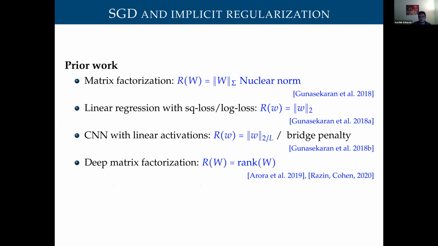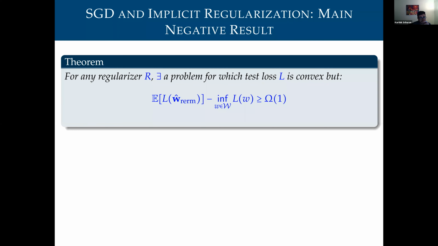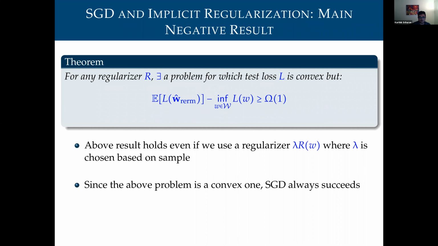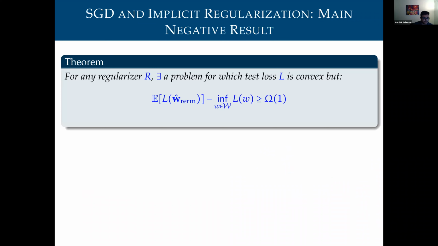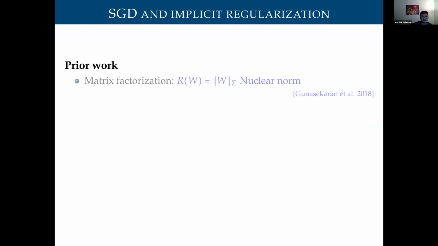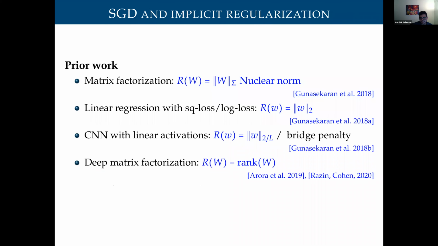So there have been a bunch of works that show various implicit regularizations for various specific problems, and all of these have been on a case-by-case basis. What we wanted to ask here was, is this true in general?